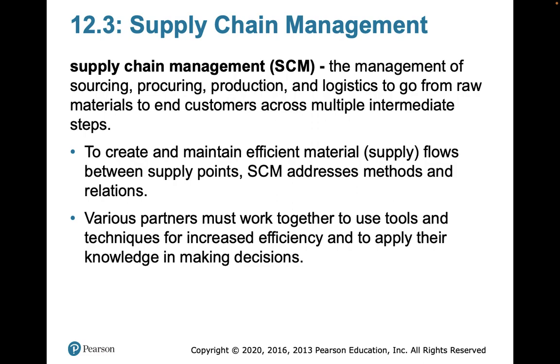So the SCM helps to create and maintain efficient material supply flows between supply points, and it also addresses methods and relations. Another thing is that with SCM, various partners must work together to use tools and techniques for increased efficiency, and to apply their knowledge in making decisions.